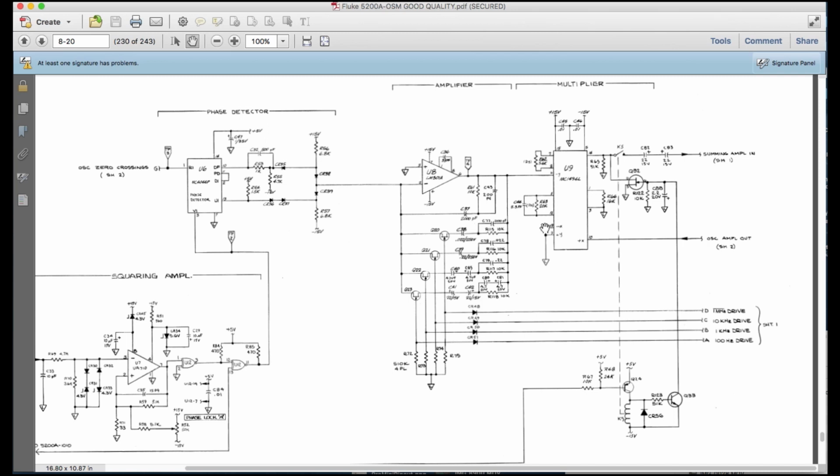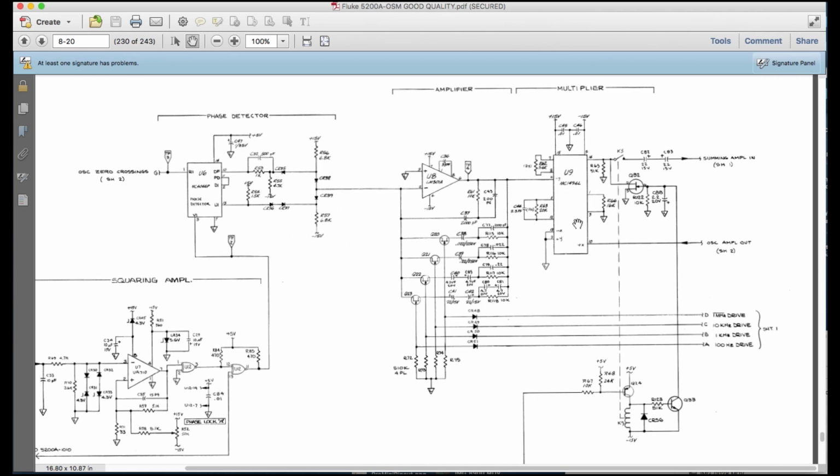So these FETs will be switching these capacitors and resistor networks across the amplifier to tune it for each frequency range. And then it goes to this multiplier, which I haven't actually looked into yet, but it's obviously a frequency multiplier of some kind. I don't know what it does yet. I haven't read the description on it yet, but it does something, right?